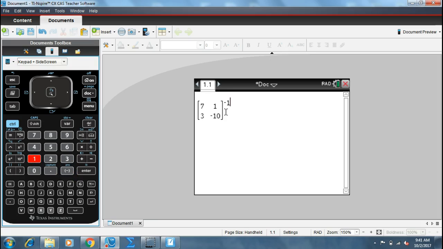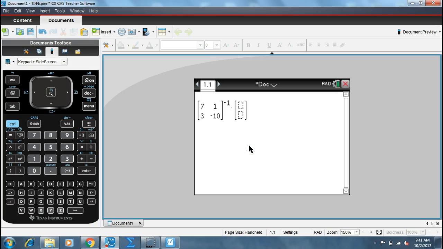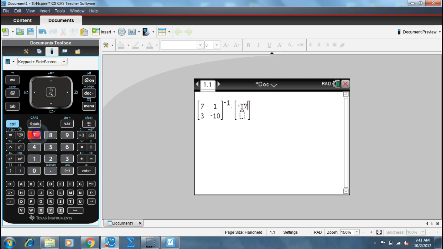And that's how we find the inverse. But don't hit enter yet, because I've got to multiply that by the constant matrix, which was a 2 by 1 matrix. And that one was negative 17 and 24. Now when I hit enter, I should get x is negative 2 and I should get y is negative 3. And I do.